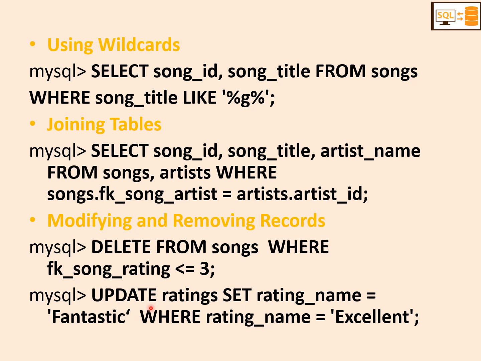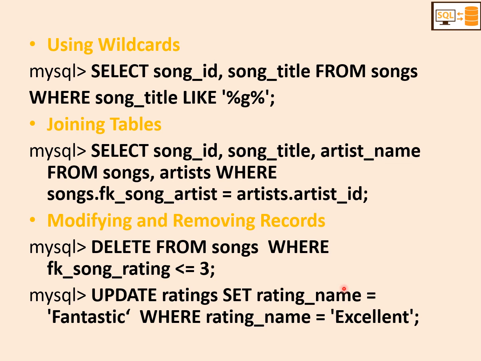Then the update expression: update ratings set rating name is equal to fantastic where rating name is equal to excellent. This update expression is used for updating a particular field on a particular condition. Here we are trying to update the ratings table, where rating name is a field in the corresponding rating table.